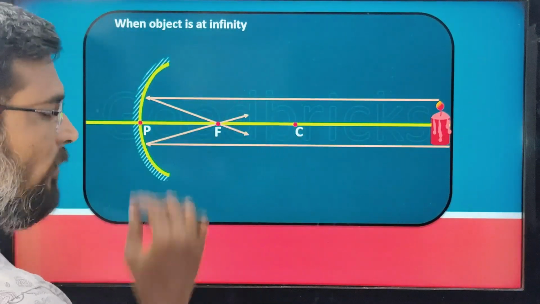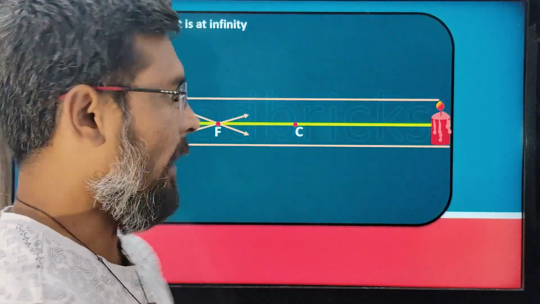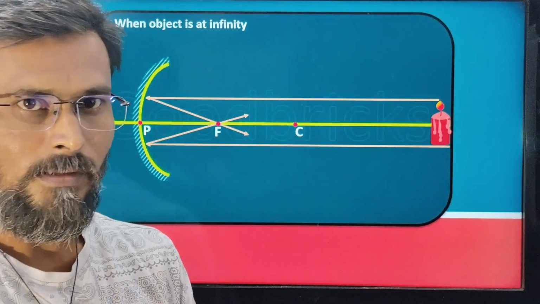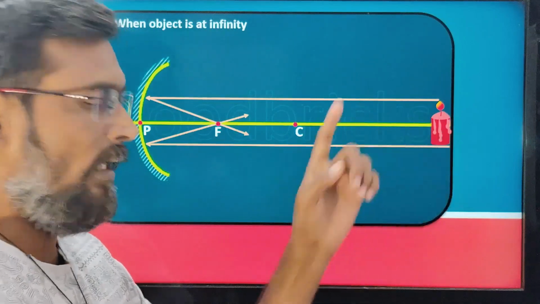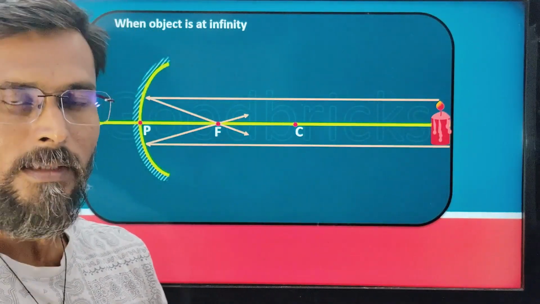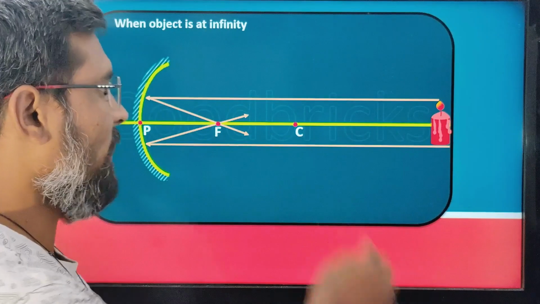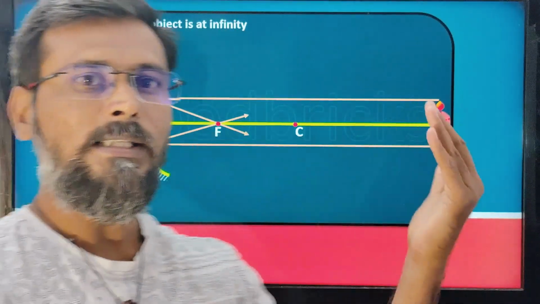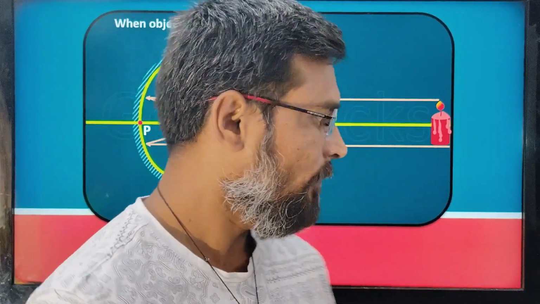These two reflected rays are converging at the focal point. So when the object is at infinity, very far away, the image of that object will be formed at the focal point, and it is a very small, point-size image. So this is how you need to draw the ray diagram when the object is at infinity.